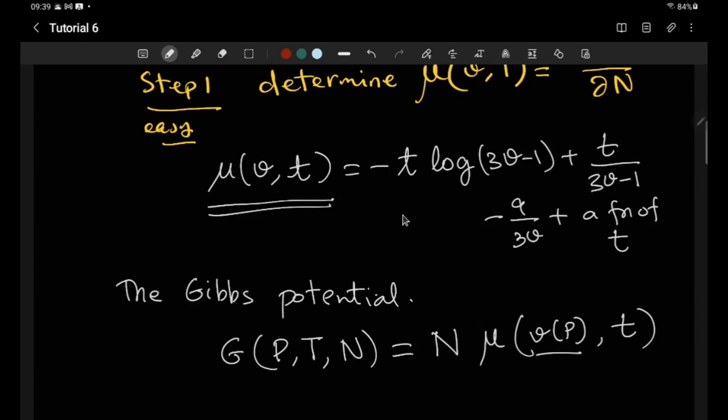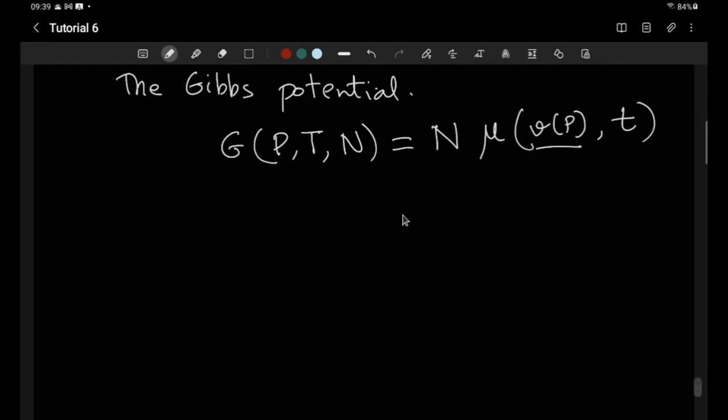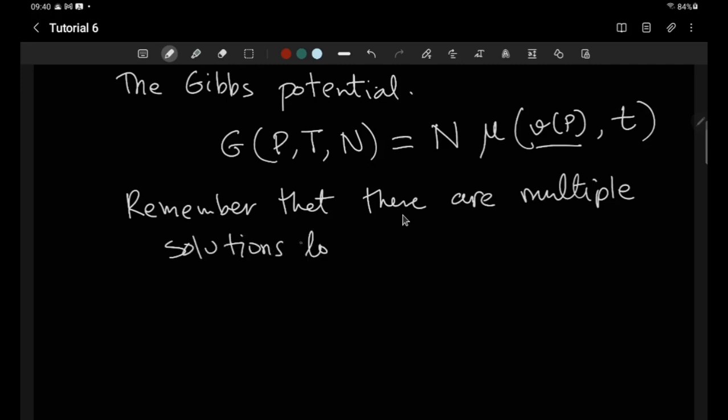So this is the most important point here, that we need to choose the correct values. This is the key. So remember that there are multiple solutions at the coexistence curve.